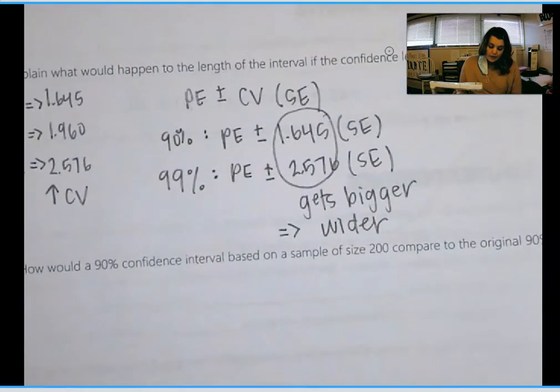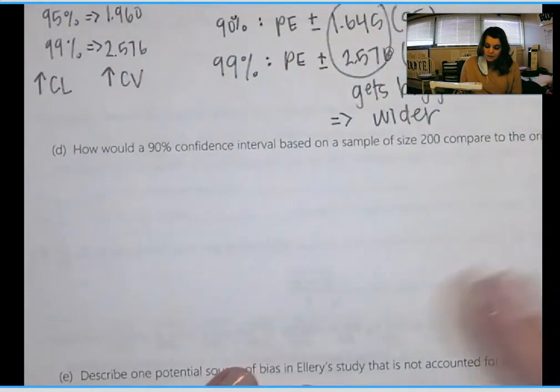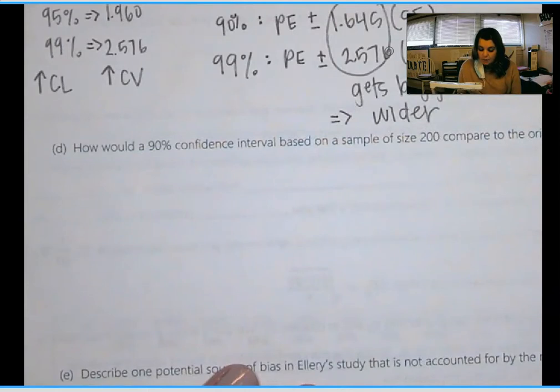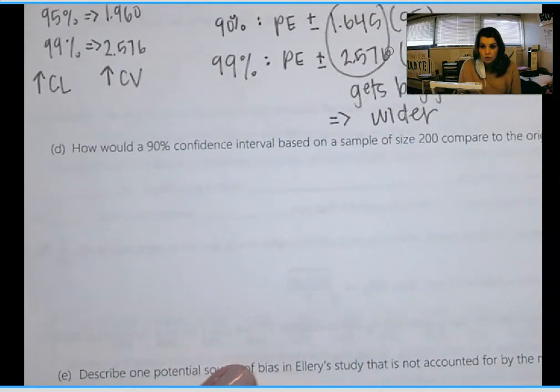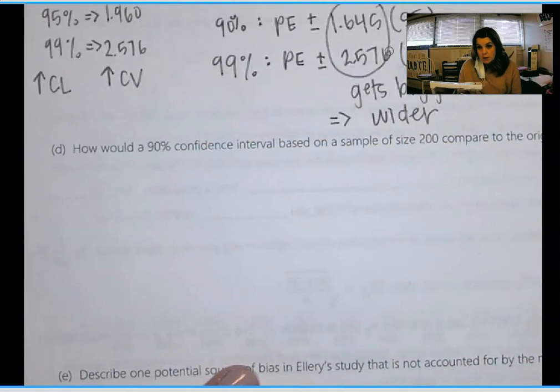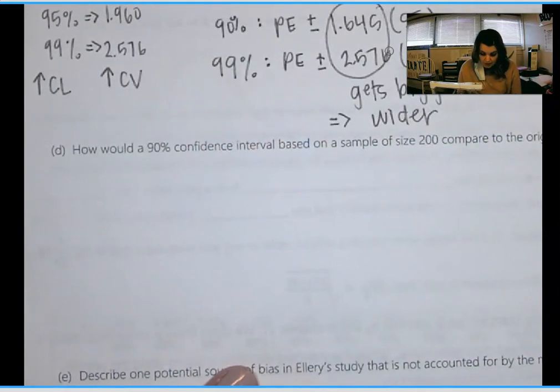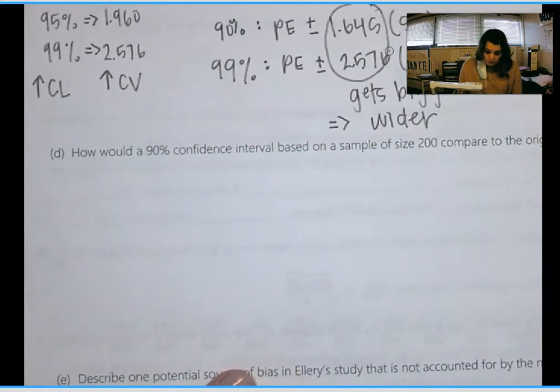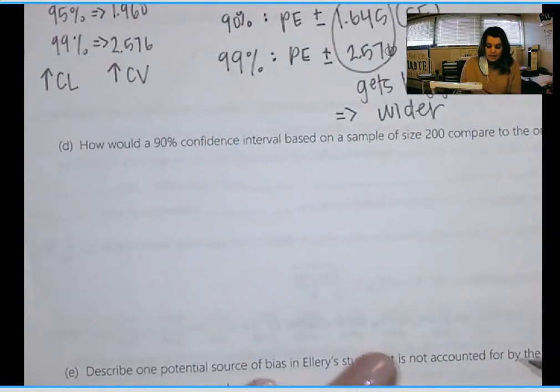How would a 90% confidence interval based on a sample of 200 compare to the original, confidence interval. Sorry about that. Okay, well, let's think about this.